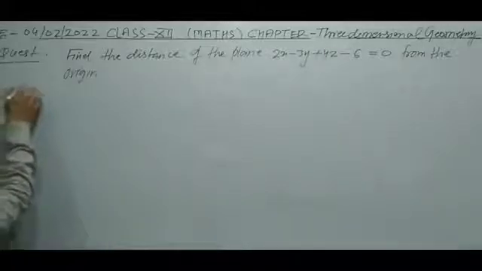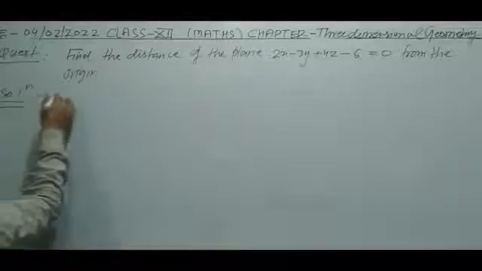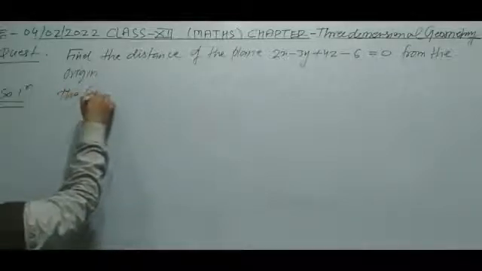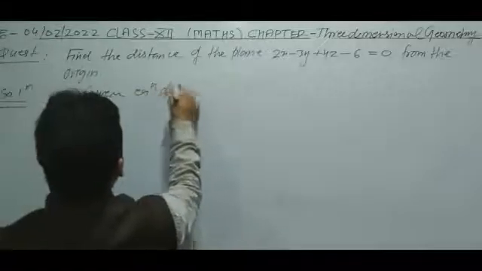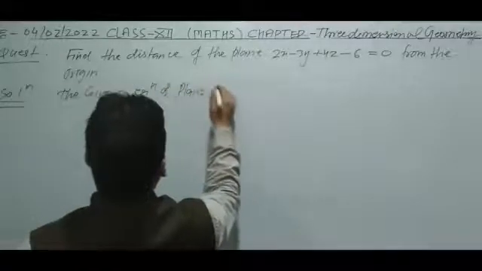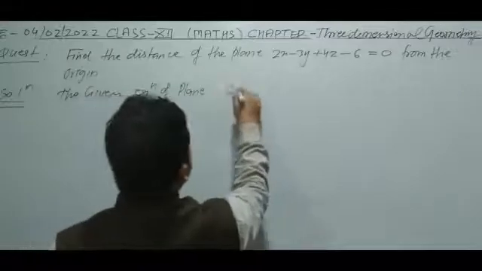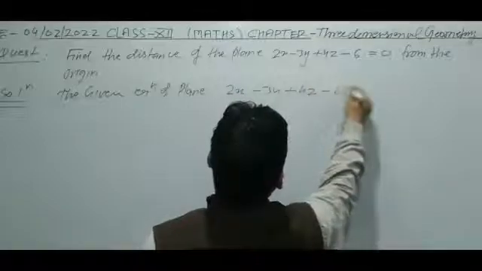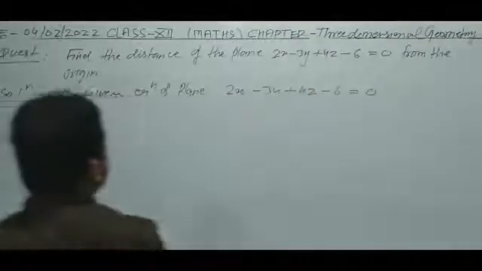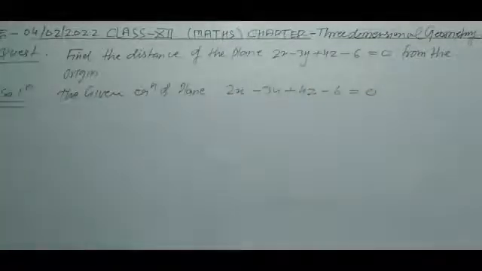Now see, solution. The given equation of the plane, that is 2x minus 3y plus 4z minus 6 is equal to 0, we have to convert in the form lx plus my plus nz is equal to d.